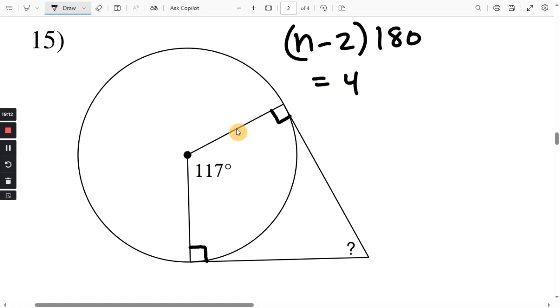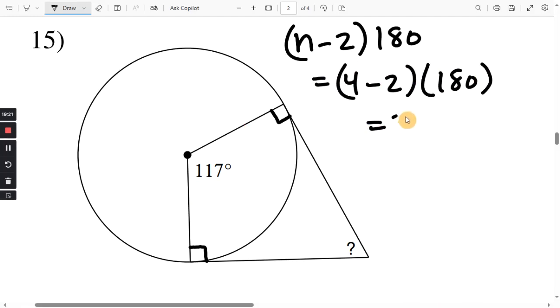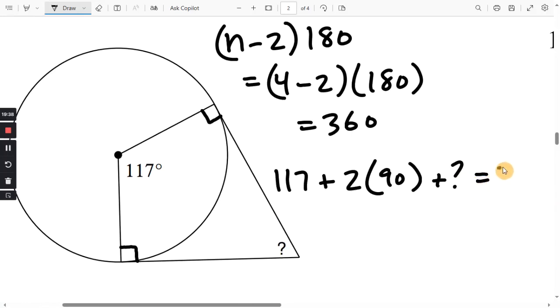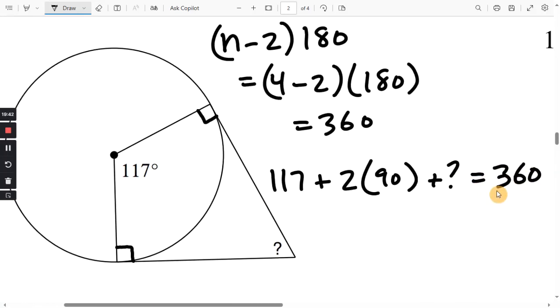So this is 1, 2, 3, 4 sides. If you just do 4 minus 2 times 180, that equals 360. So if you add these 4 angles, it's going to be 117 plus the 2 90s plus the question mark equals 360. Okay, I'll let you solve it from there.